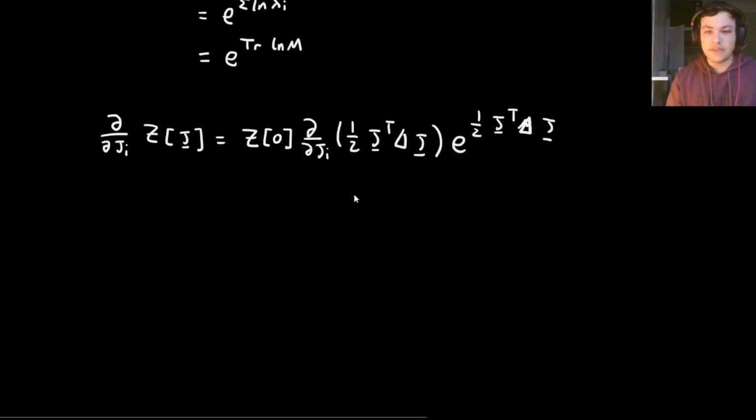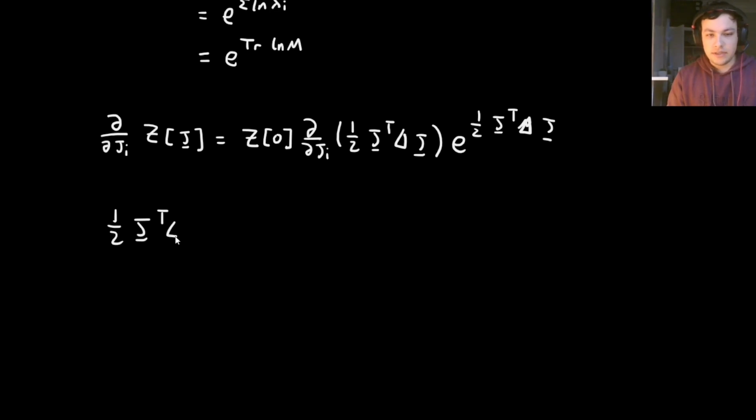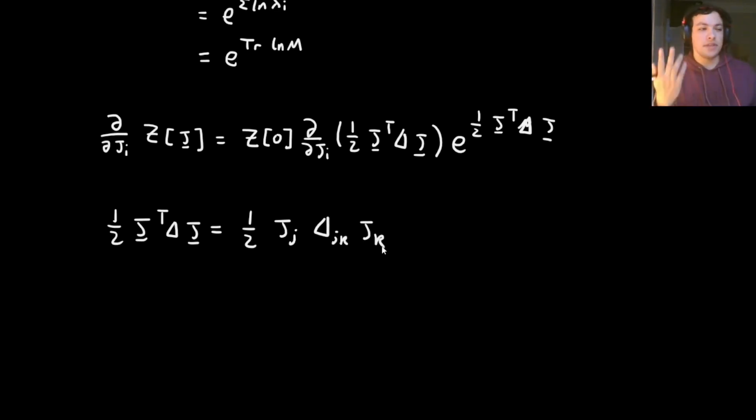Now, what is this? Well, half J^T delta J is 1/2 J_j, the jth component, delta_jk J_k. I'm going to be using Einstein's summation convention, so if there's a repeated index, we're summing over it implicitly.